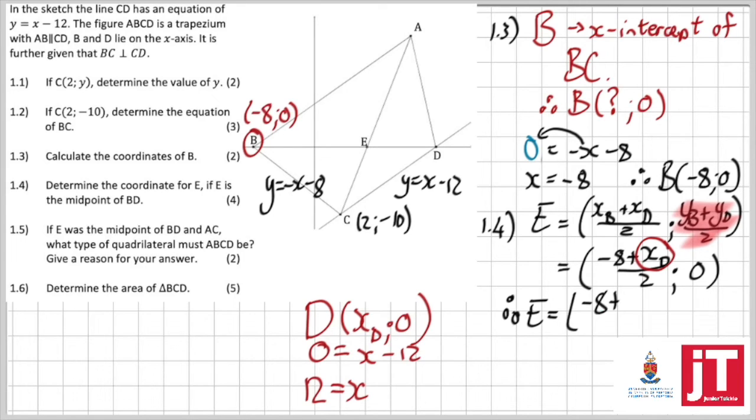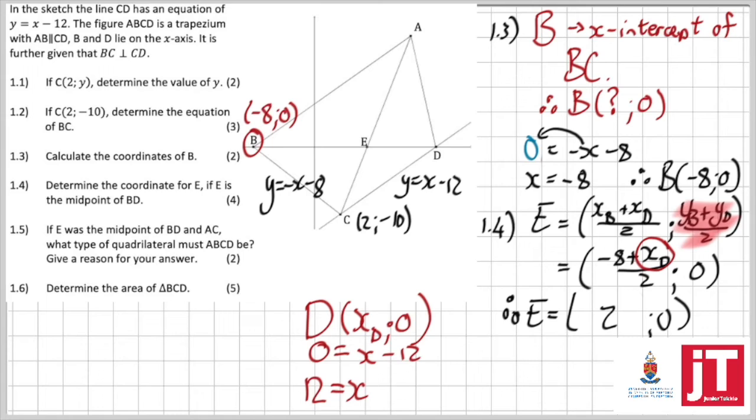Which means E is (-8 plus 12) over 2, 0. If I calculate that, my answer is also (2, 0). If I went a bit fast again, just backtrack a little bit.